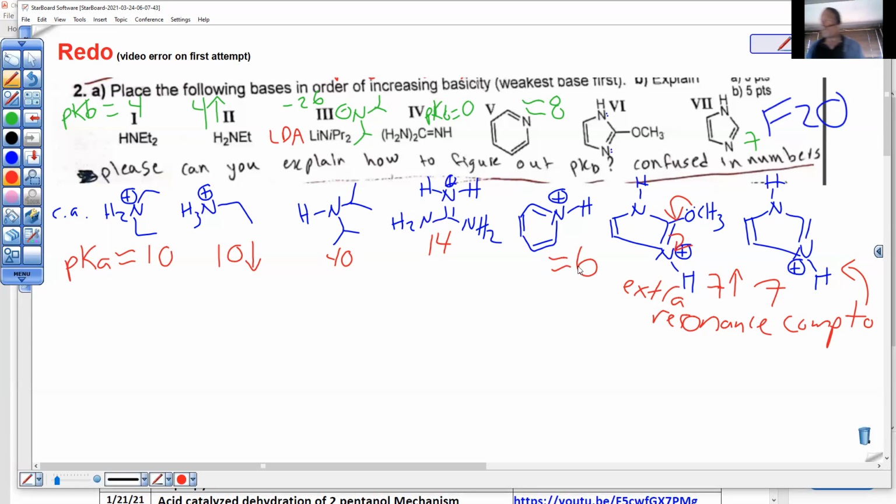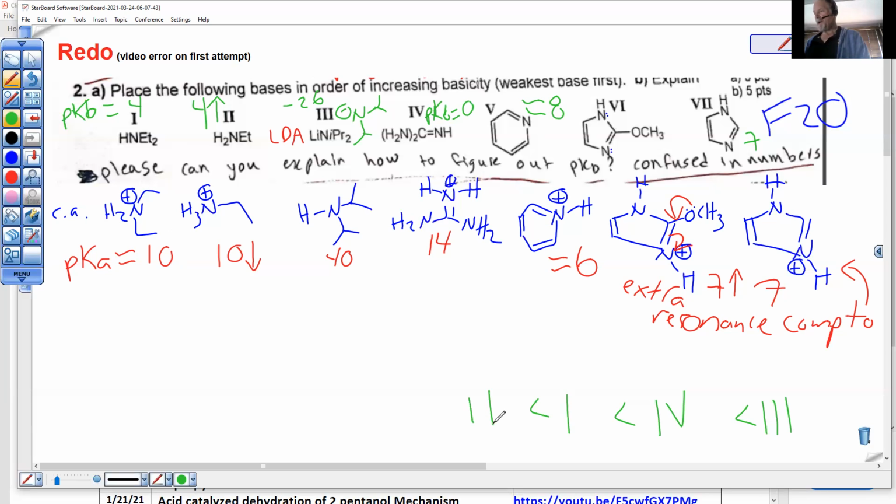And now we're ready to put them in order and then do some explaining. The most negative is the strongest base, so we're going to go with 3 as the strongest. The next closest to 0 is 4. And then going up, we have these two 4s. Lower is stronger, higher is weaker, so 1 is better than 2.